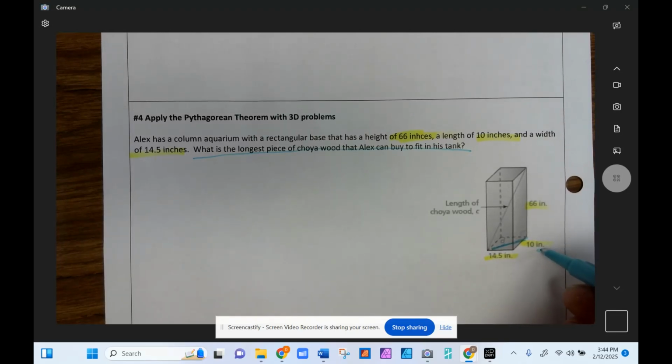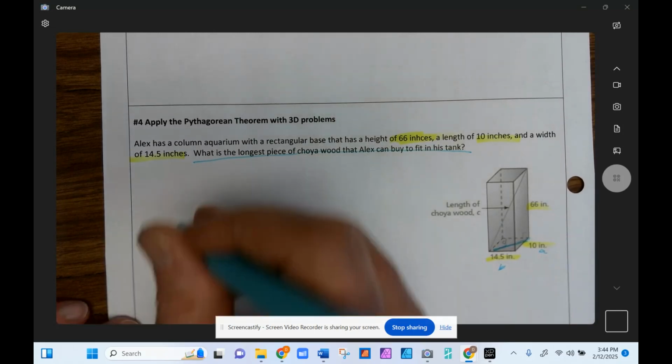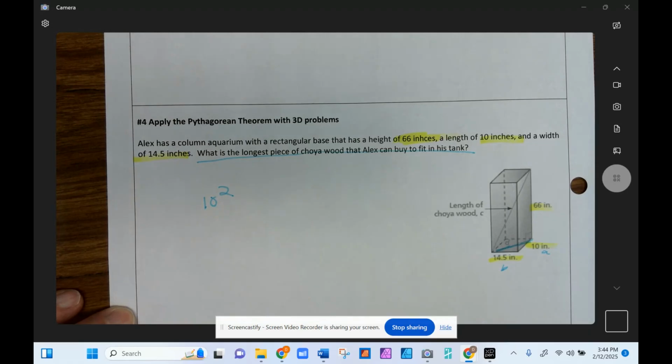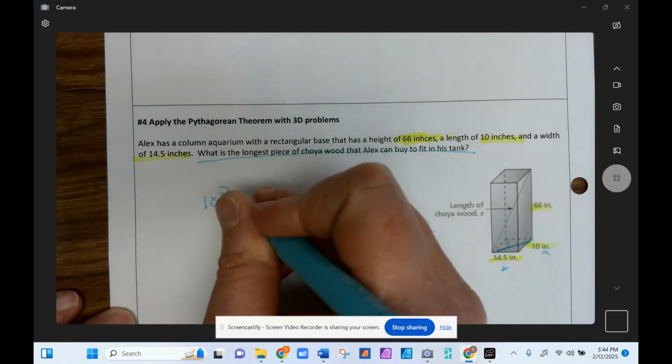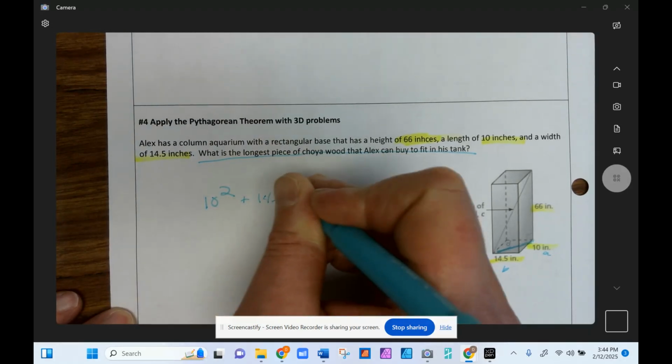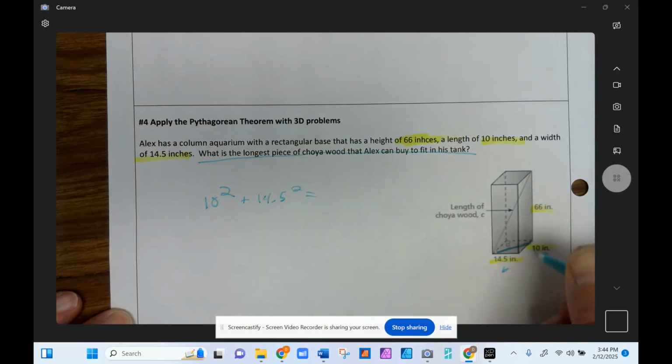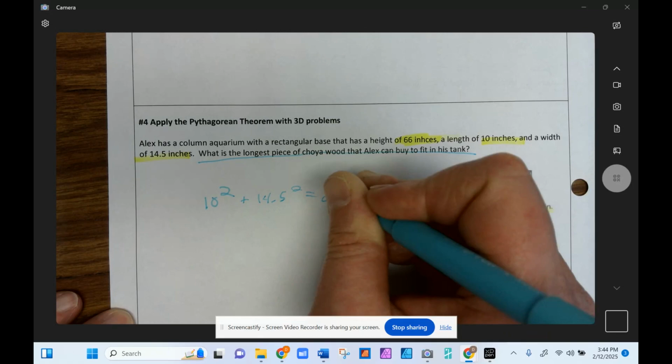So we're going to use A here, B here. So it's going to be 10 squared plus 14.5 squared is equal to, we'll call this D, I suppose, for the diagonal. We'll square that.